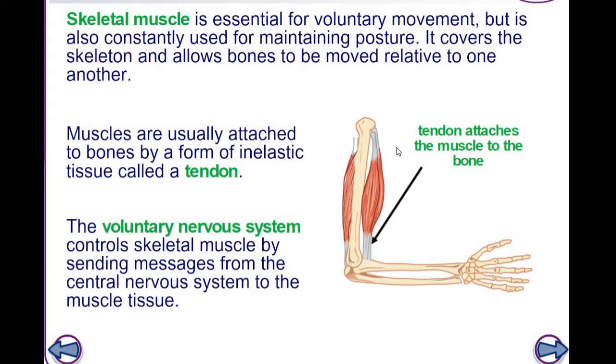The bicep's going to cause flexion at the arm, and the tricep's going to cause extension at the arm, so at the elbow joint. And this is almost entirely voluntary, so you can control these muscles consciously. You may do things autonomically, you may do things without thinking, you may have reflex actions that are involuntary, but we refer to skeletal muscle as voluntary muscle.